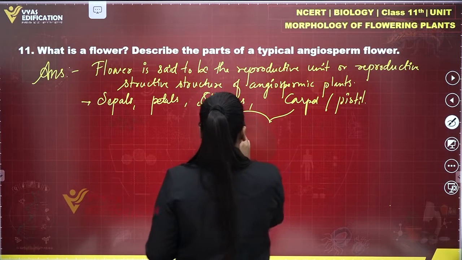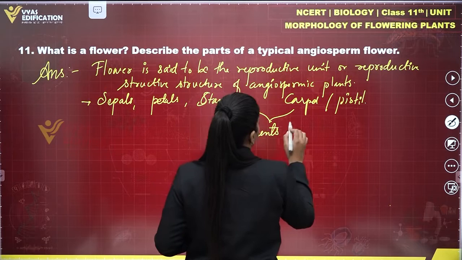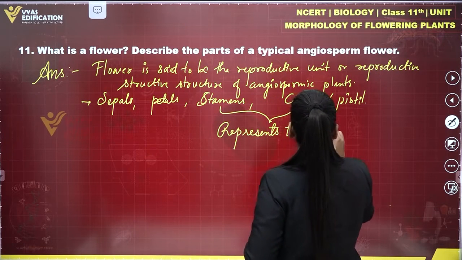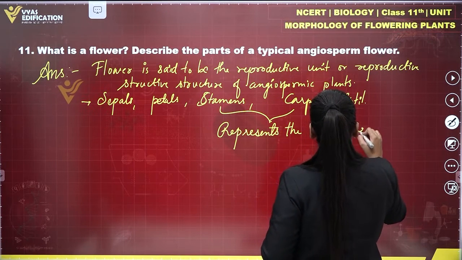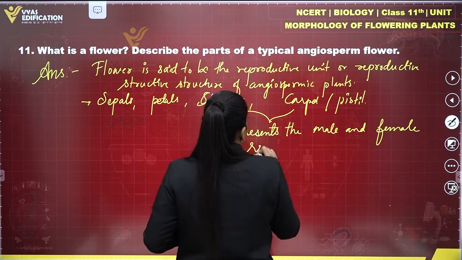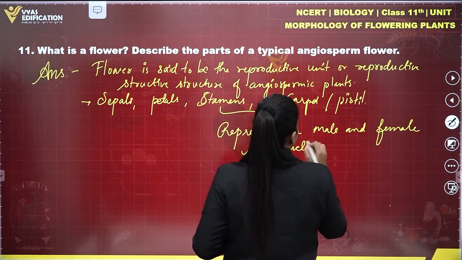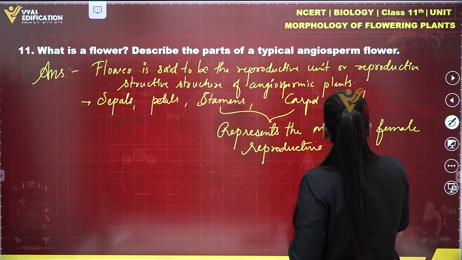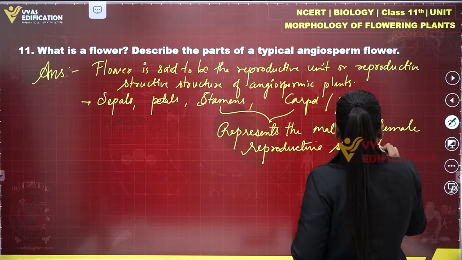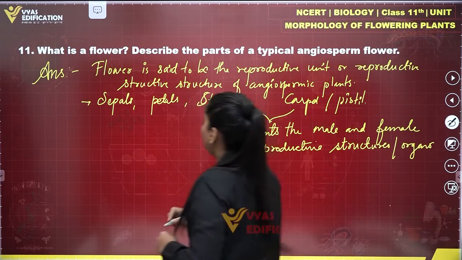Stamen and carpel represent the male and female reproductive structures or organs, right?